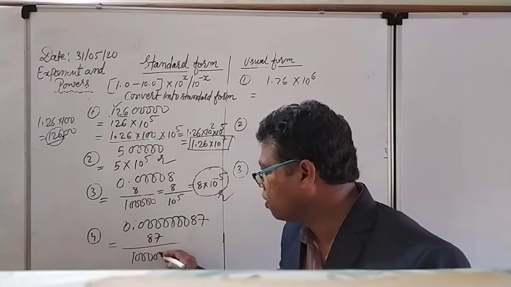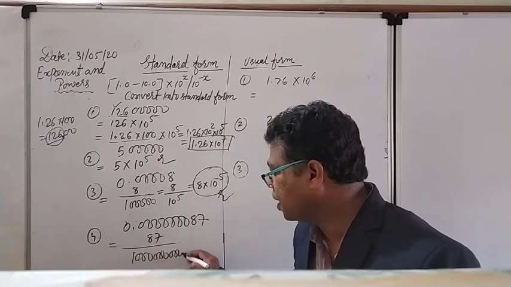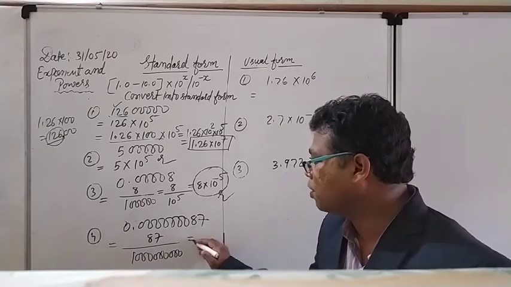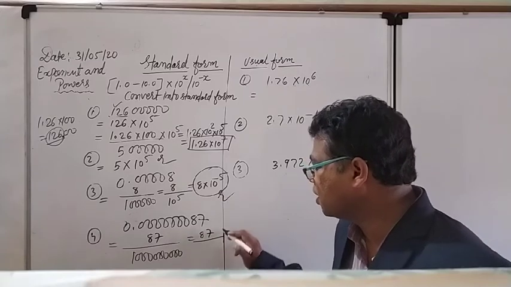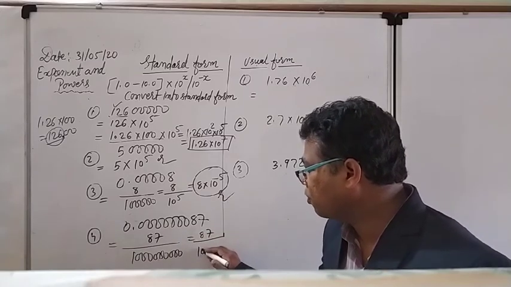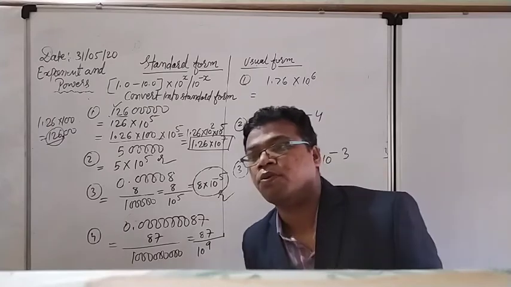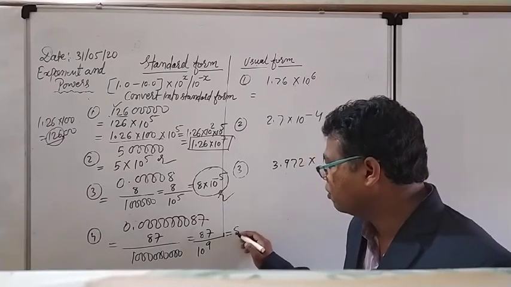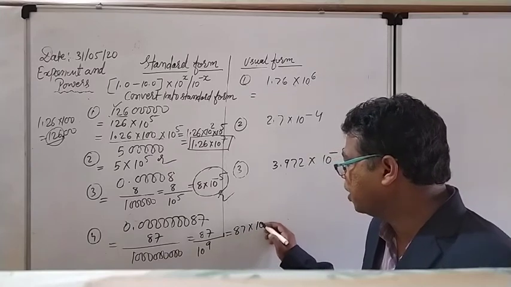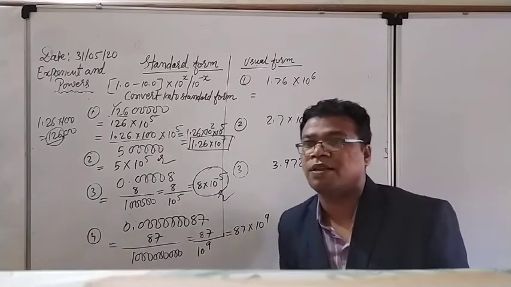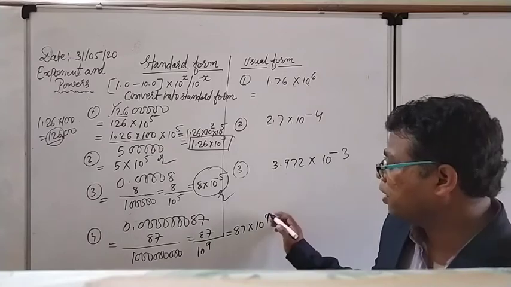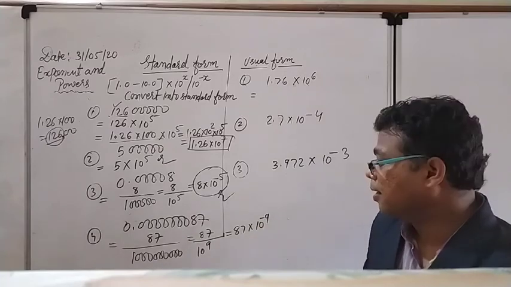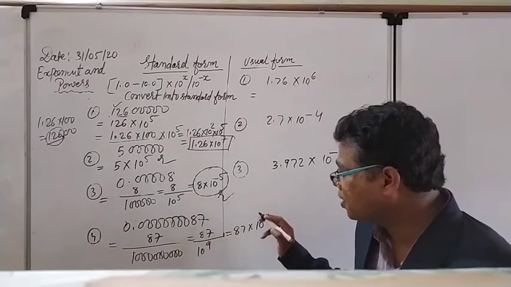And again the things will be the same, 87 upon 10 to the power 9. Are things clear for you? Yes. But right now this can be written as 87 into 10 to the power minus 9.